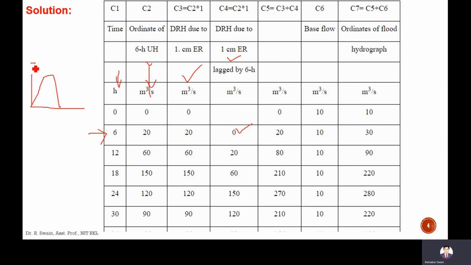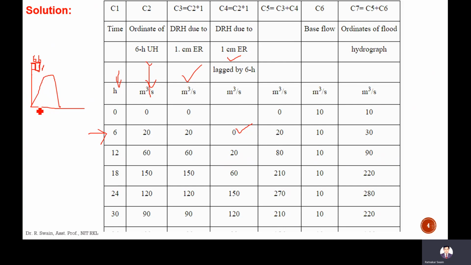This is the rainfall which is occurring for 6 hours, 1 cm. Another rainfall is occurring which is also the same 1 cm for 6 hours. First 6 hours, second 6 hours.